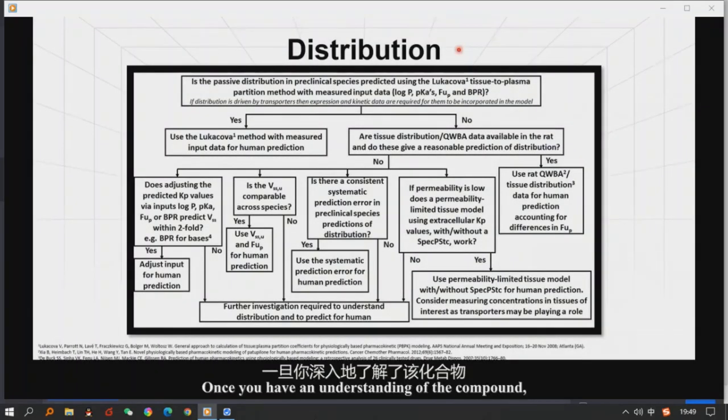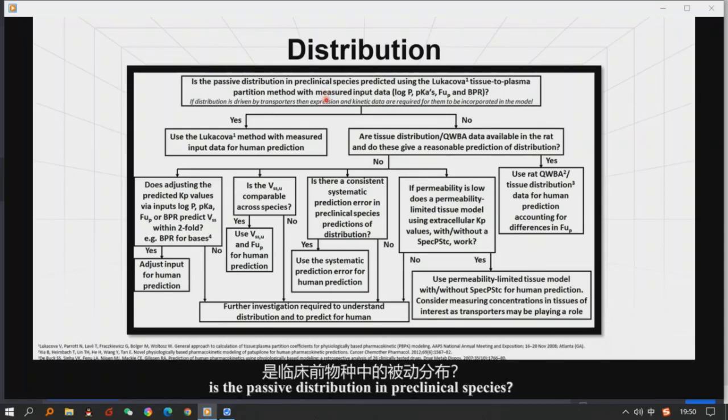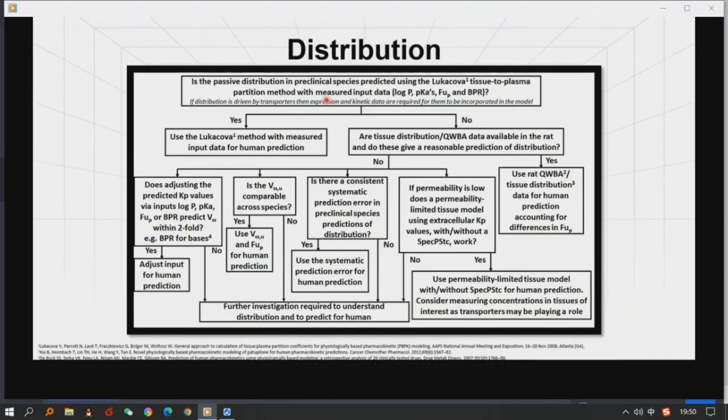Once you have an understanding of the compound, you then focus on the individual mechanisms. So here we have a flow diagram for distribution. The starting point, the question that you ask yourself is, is the passive distribution in preclinical species predicted using the Lukacova, the standard default equation in GastroPlus, with measured input data for lipophilicity, pKa's, plasma protein binding, and blood to plasma ratio?